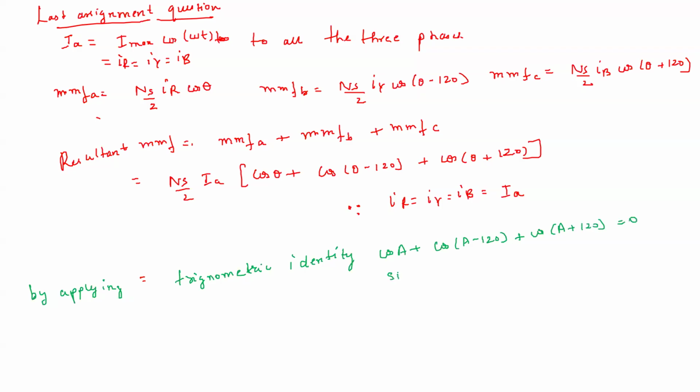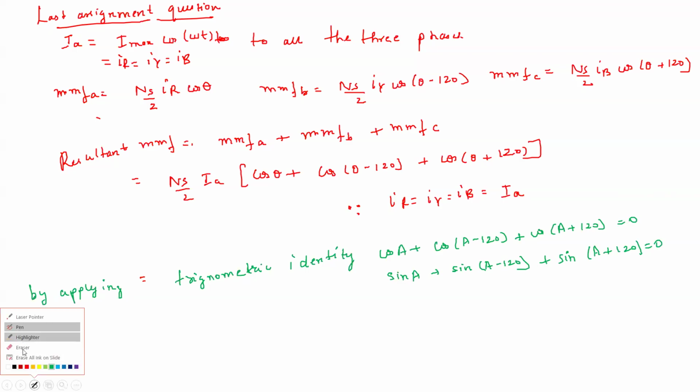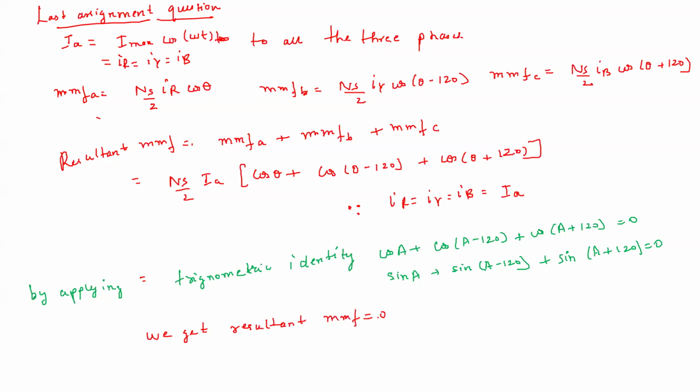This is also valid for sine. You know how to expand it in terms of cos of A minus B and so on, and you will see that it comes out to be 0. So we get the resultant MMF as 0.